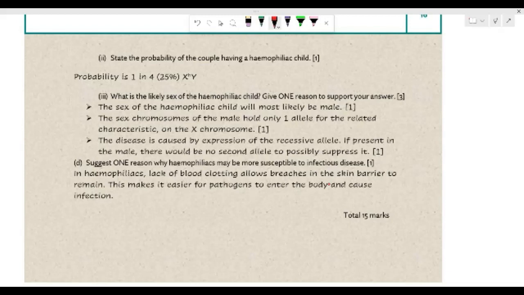But if your blood is not clotting, what happens? It gives these infectious agents enough time to get into your body, right? So that is why it's really important to be able to have your blood clot. And if you're hemophiliac, that means you are even more susceptible to infectious diseases, okay? And that's what's being said here.